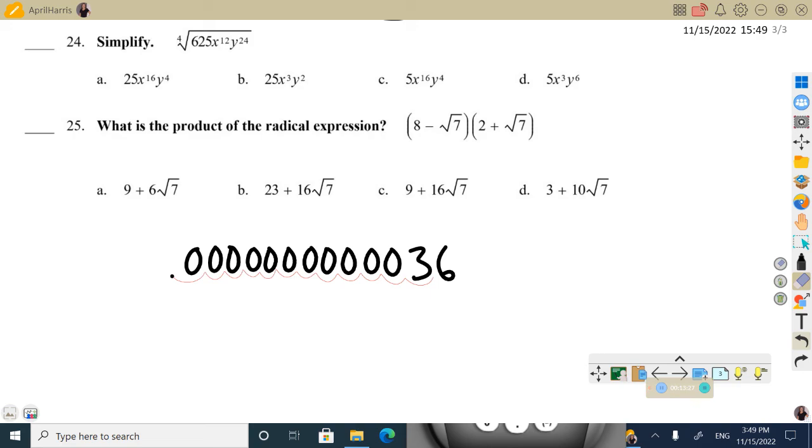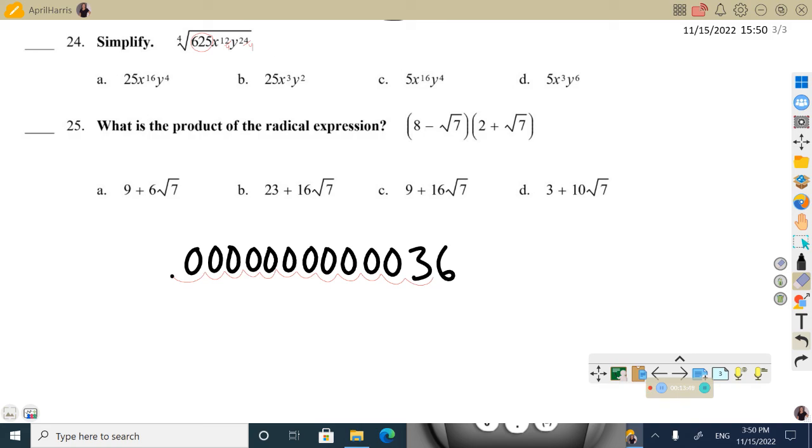Question 24 is a problem from our last test on simplifying radicals. Remember, when you take the 4th root of something, you're taking the 4th root of the big number, all right? And then the 4th root of x to the 12th, you're really going to divide 12 by 4. And the 4th root of y to the 24th, you're going to divide by 4.